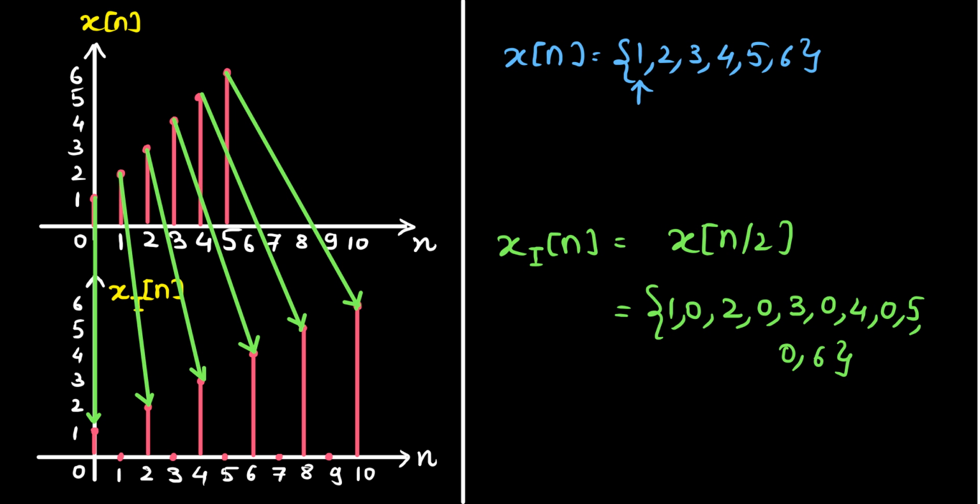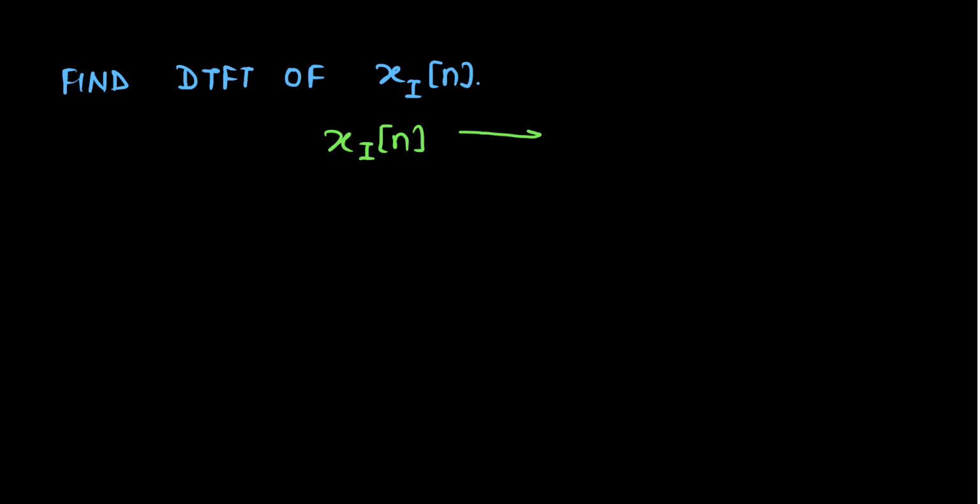So now let us try to understand what happens in the frequency domain. So for that we need to find the discrete time Fourier transform, that is DTFT, of xi of n. So let us say that this xi of n has a Fourier transform of xi of omega.